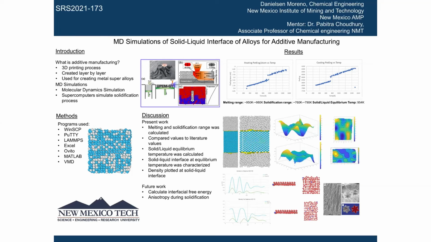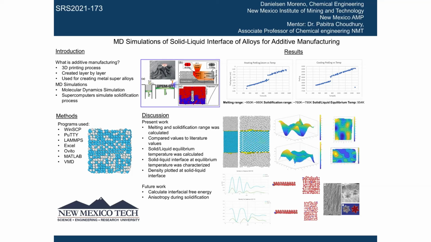So additive manufacturing is just a 3D printing process where it's created layer by layer, essentially using a metal powder, a metal that has been ground down to a really small grain size. And then from there, you can use essentially a laser to melt the metal, and layer by layer, you can 3D print any sort of object.